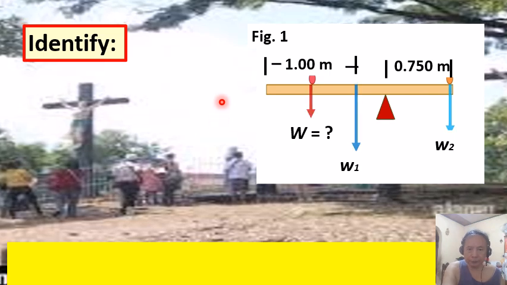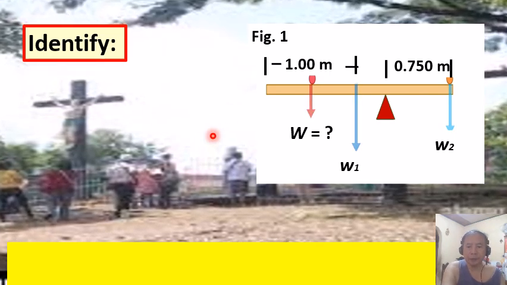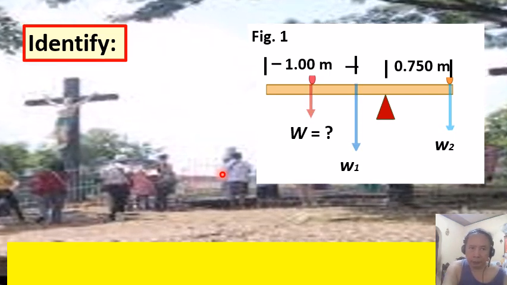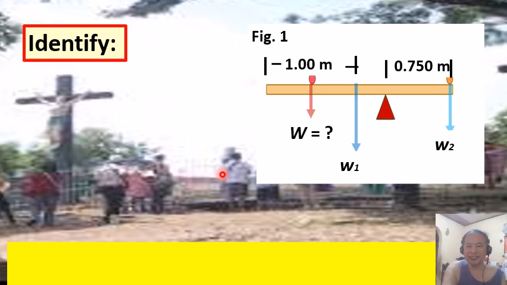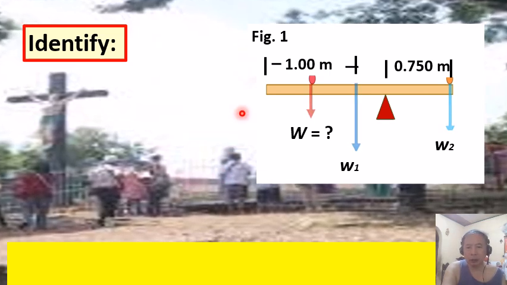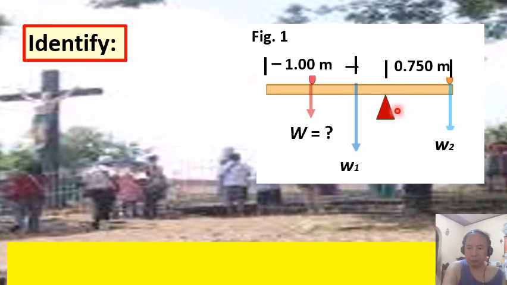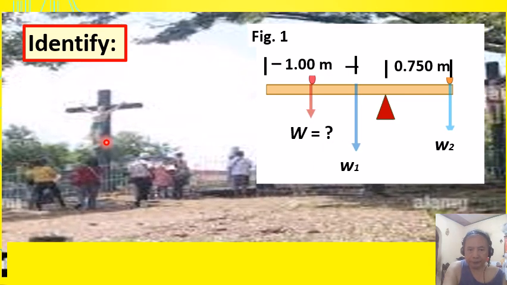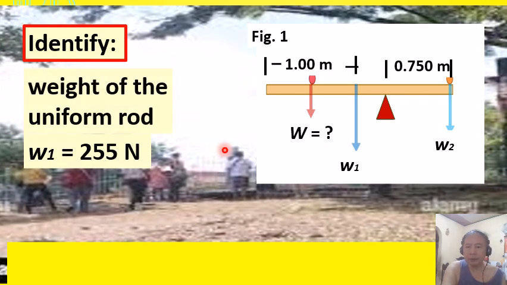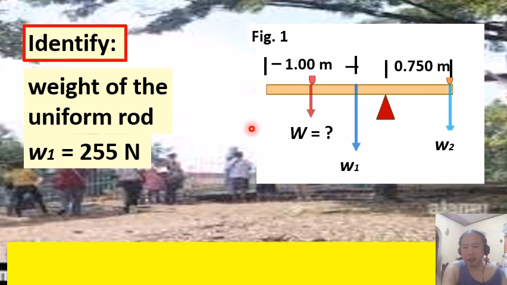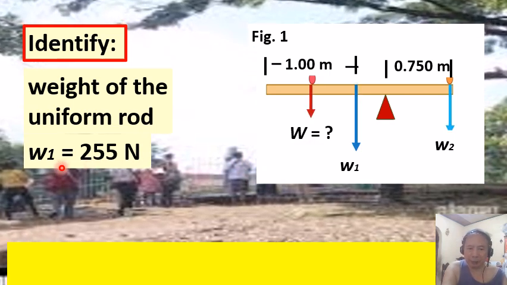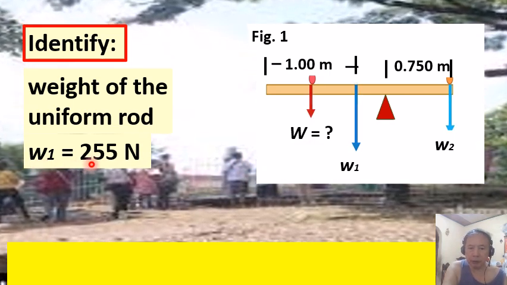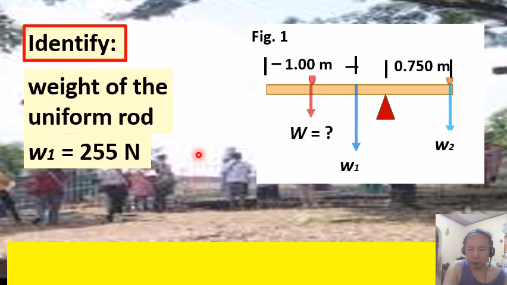In this problem, we are dealing with what we call parallel coplanar forces that are acting on the rod, right? And one of them is the weight of the rod itself, represented by W sub 1 equal to 255 newtons.